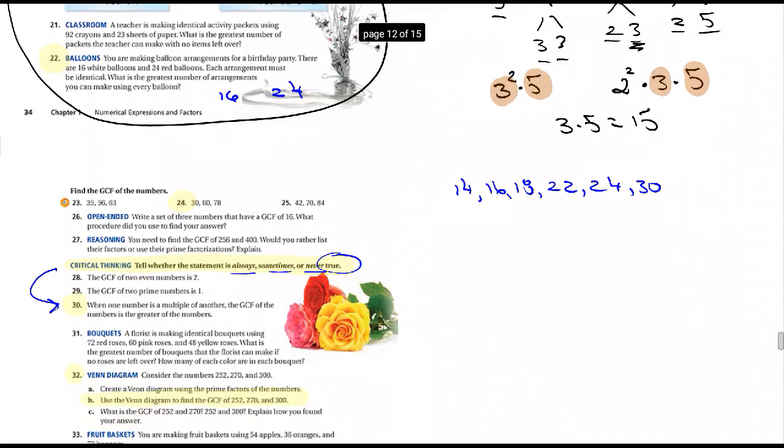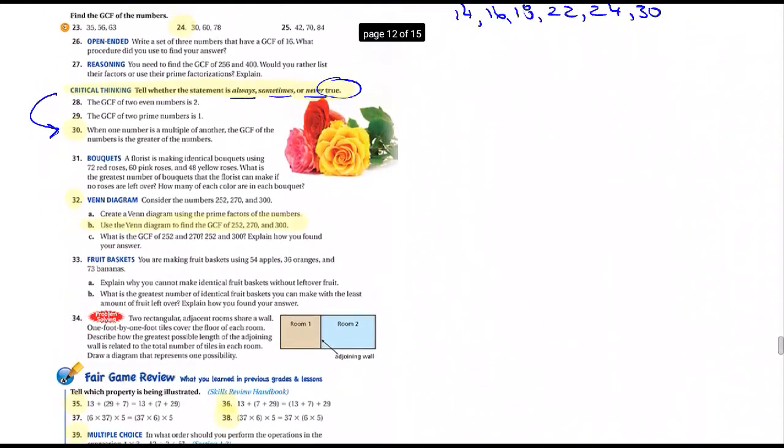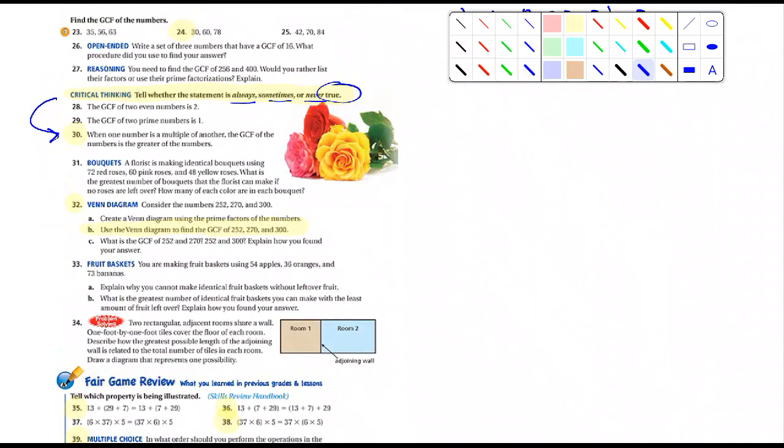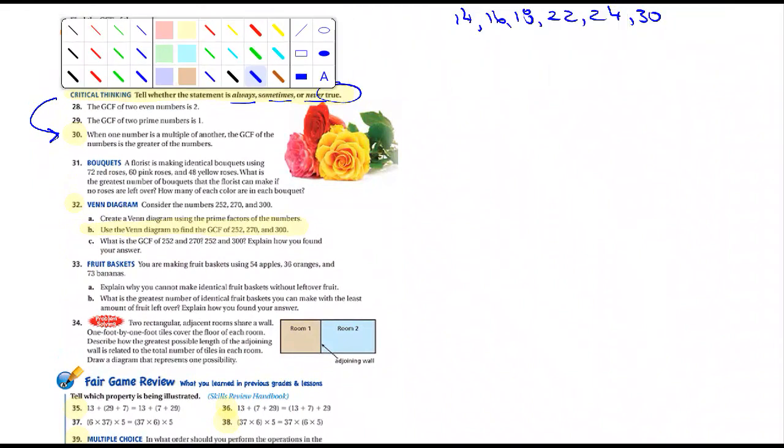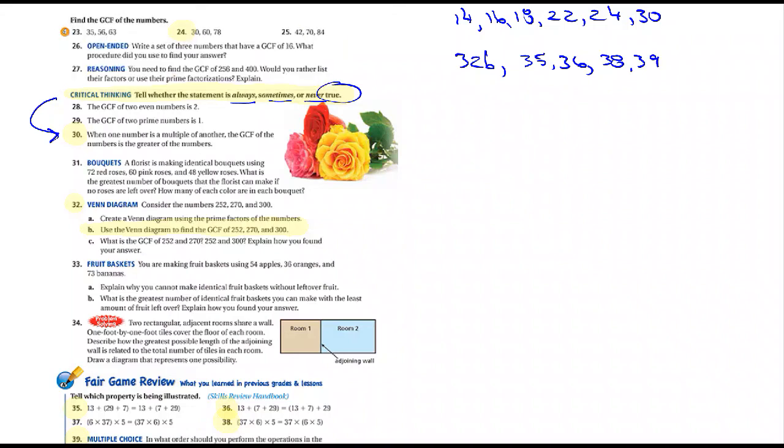Let's move down a little bit here. 32, that would be 32, actually 32B. And then 35, 36. What page is that? 38 and 39. And I think that was it. Yep.